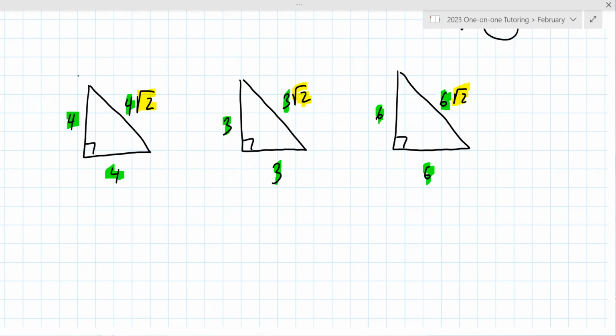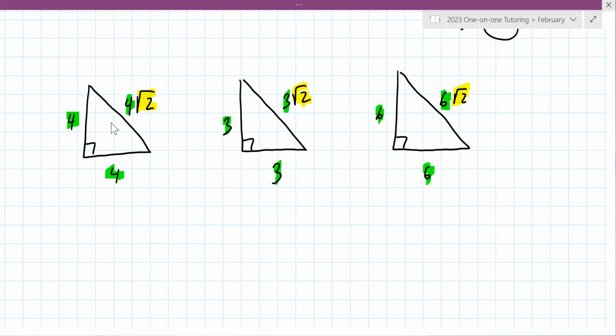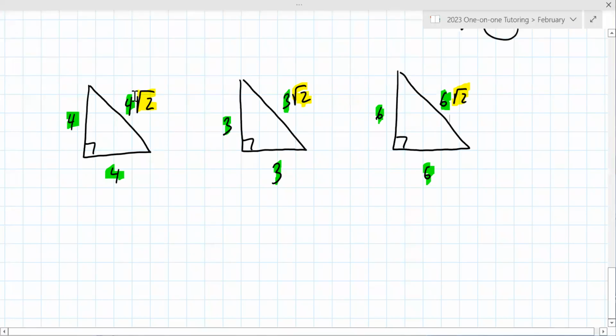The hypotenuse is square root of 2 times, as long as it's each leg. Do you see that the same number is on the hypotenuse as the leg? There's a 4, a 4, and a 4. Leg squared plus leg squared equals hypotenuse squared.